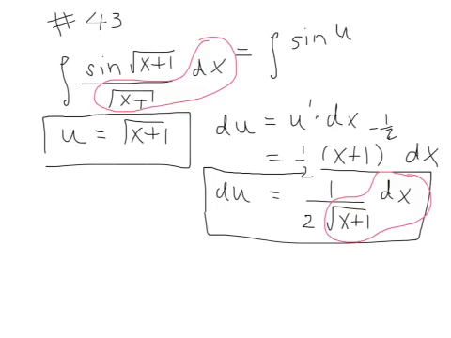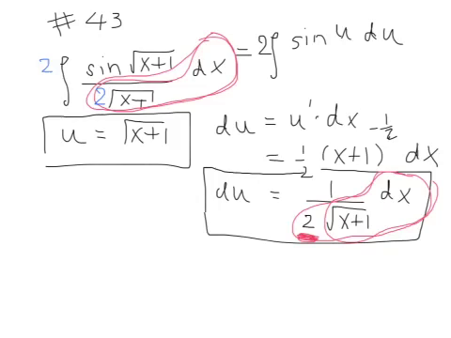Okay, it looks kind of similar, except you got this number 2 here, so you do kind of need a number 2. What you could do is put the number 2 in front like that, and then put the number 2 on top and the bottom. So now you complete what you need: dx divided by 2 times square root of x plus 1, which is just du. But don't forget, we have the number 2 in front.